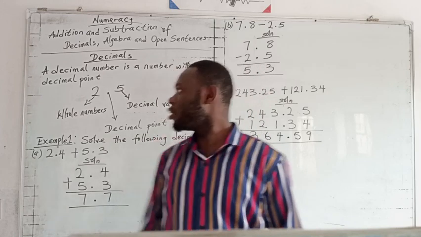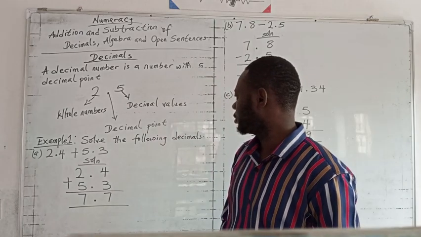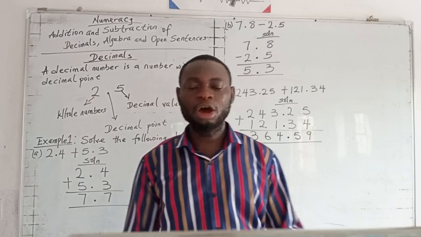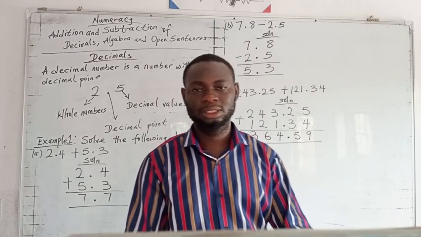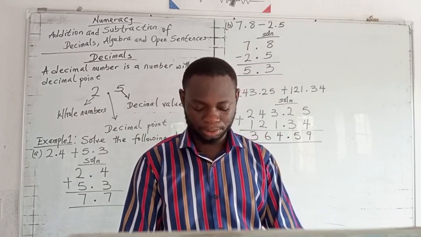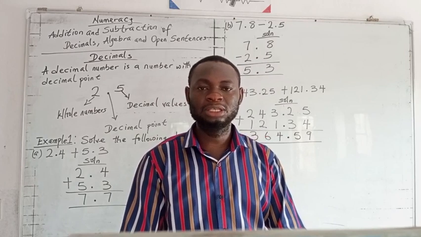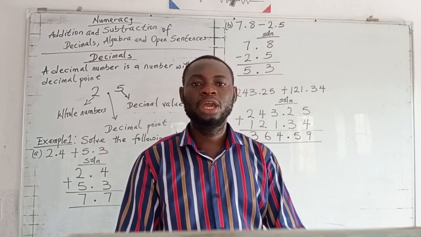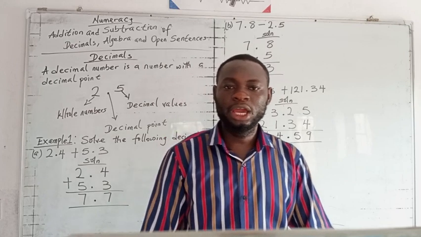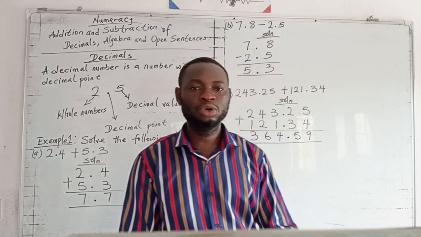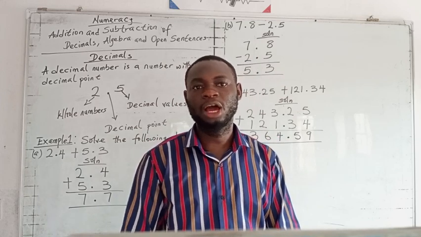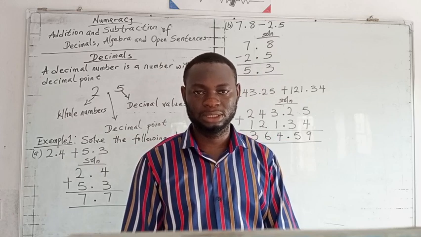Alright? Now let's go over to algebra. Remember I said, an algebra is a mathematical statement that has a constant and a variable. A constant is a quantity whose value does not change. And we gave an example, every number is a constant.